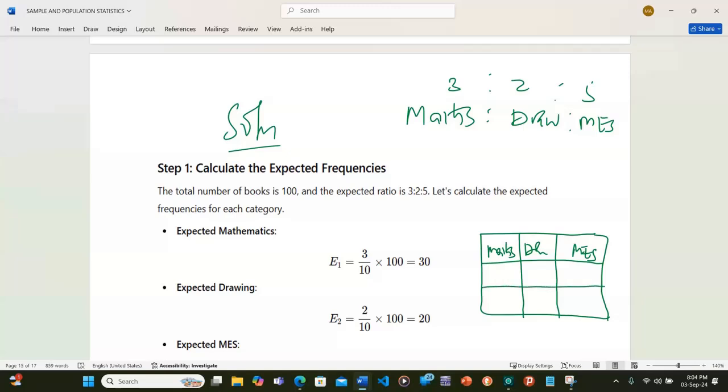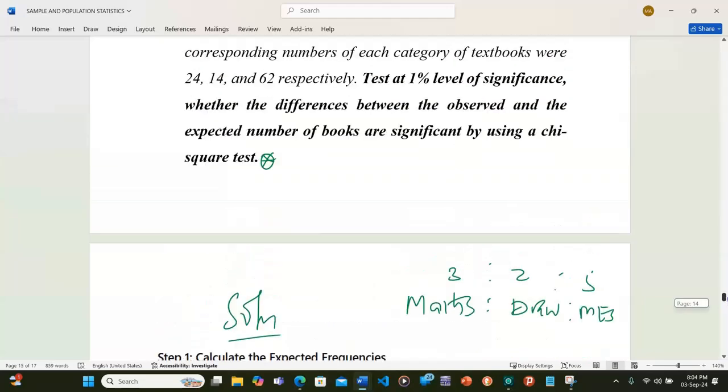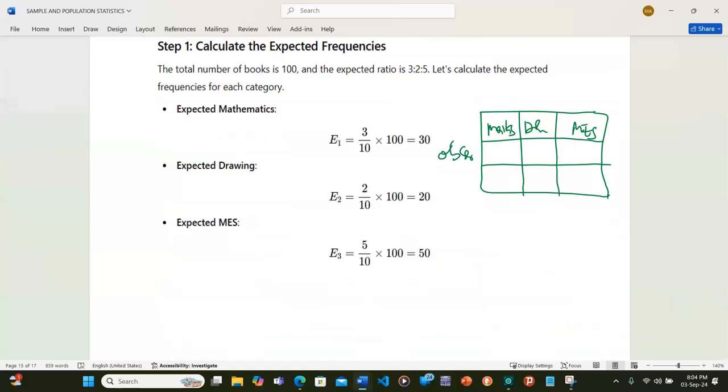Let's put the observed first. So the observed here was 24, 14, 62. And then we need the expected.